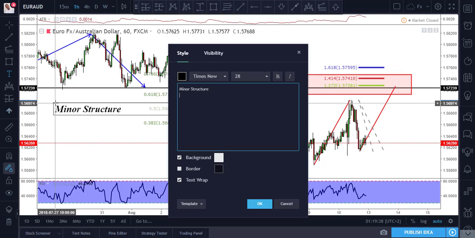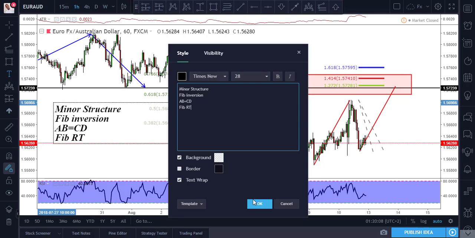Another thing, we have our fib inversion, we have our ABCD pattern, and then we have our Fibonacci retracement.